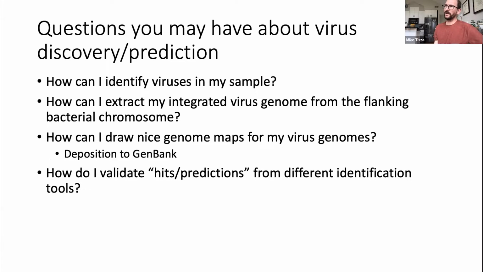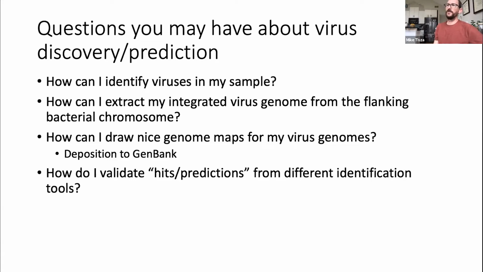Here are the guiding questions that I think people have about virus discovery and virus detection projects. And I hope that Cenote-Taker2 can fulfill some of these. How can I identify viruses in my data or the data that I'm going to generate? How can I extract integrated virus genomes from the flanking bacterial chromosomes? Karthik talked a lot about prophages in his talk.